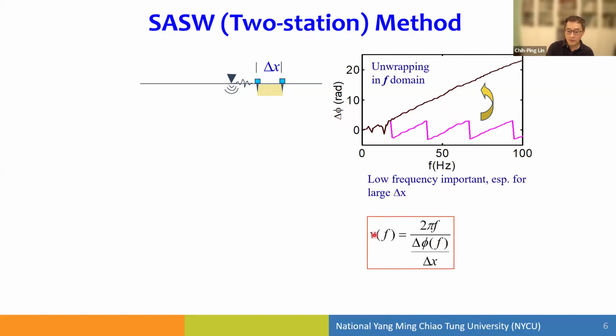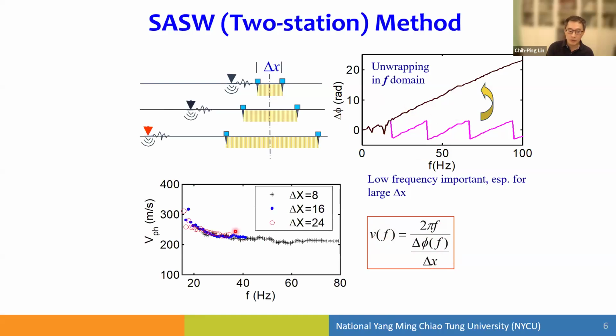So the phase velocity is time frequency over spatial frequency, which is phase difference per distance, right? So you know the spacing of the receivers, and by determining the phase difference at each frequency, you get a phase velocity as a function of frequency, which is called the dispersion curve.